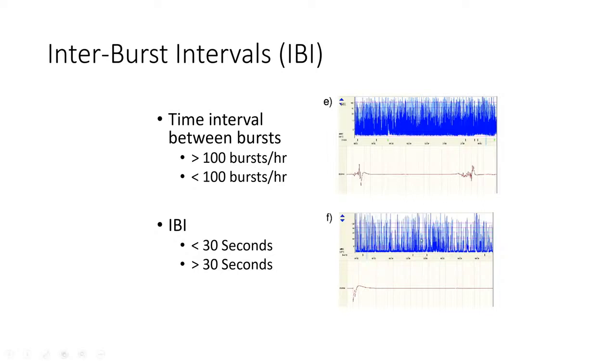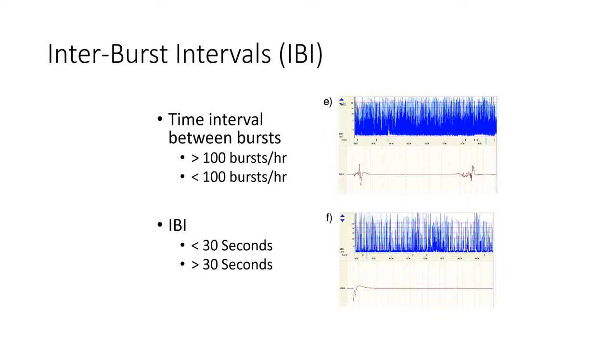Then down here, you have those gaps again. The gaps between the bursts are longer, the bursts are further and further apart. So IBI, interburst interval, greater than 30 seconds or less than 30 seconds, can be a way to define it. Or you can look at the number of bursts per hour.